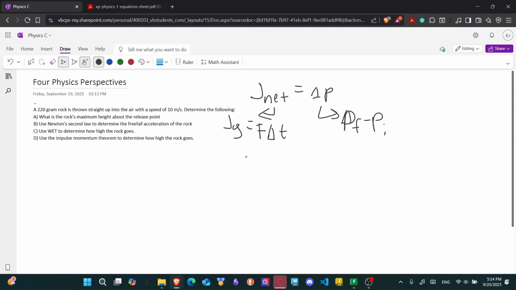So substituting these in, F delta t is equal to momentum final minus momentum initial. And the formula for momentum is mv, substituting final and initial respectively.